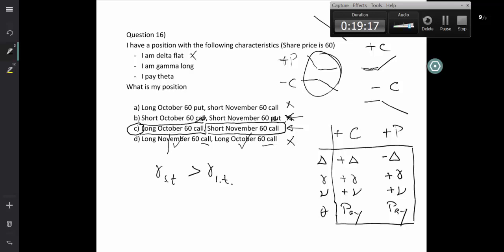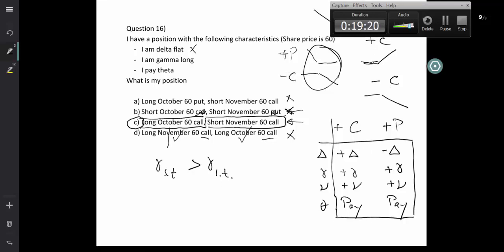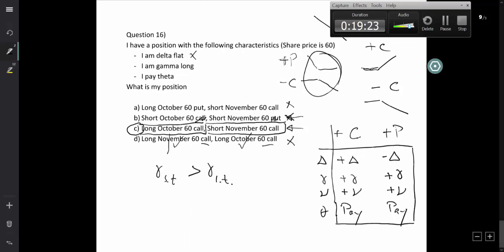Yeah, so now another way you can try to figure out why the theta of a short-term option is also bigger than theta of a long-term option. Because the theta, which is the time decay, the theoretical expected drop in your option value, is actually equal to 1/2 times gamma times the volatility.